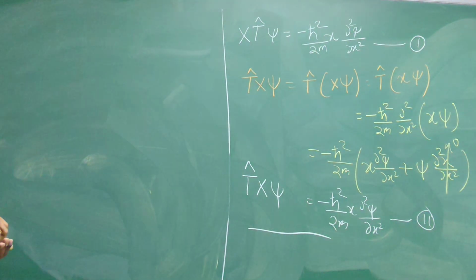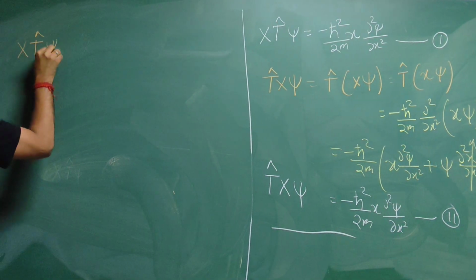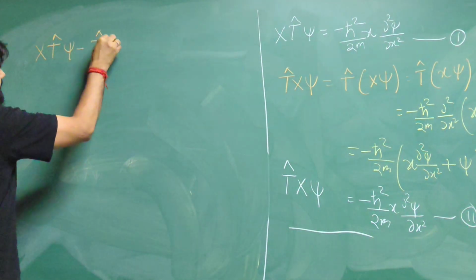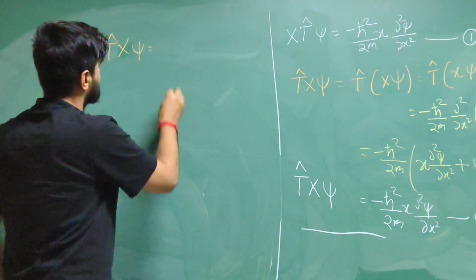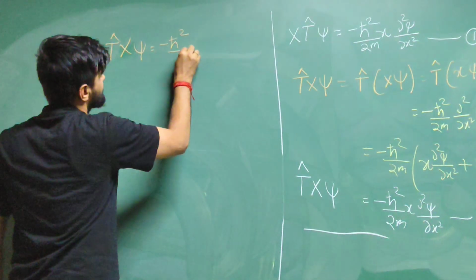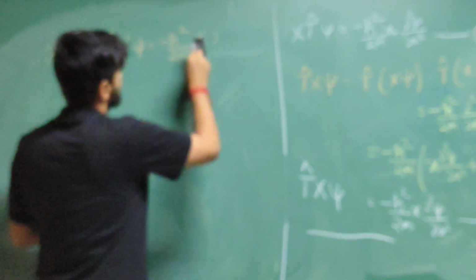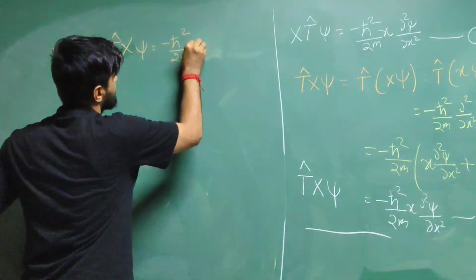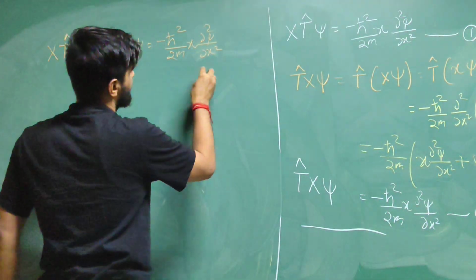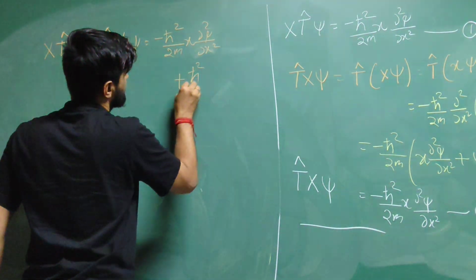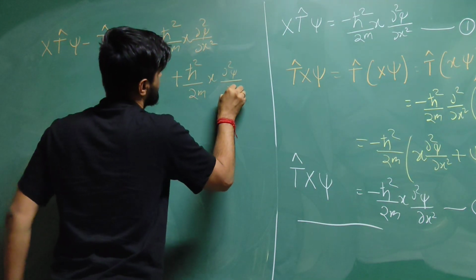If you do this operation, you will get x T cap psi minus T cap x psi, which equals minus h square by 2m x del 2 psi by del x square, plus h square by 2m x del 2 psi by del x square.